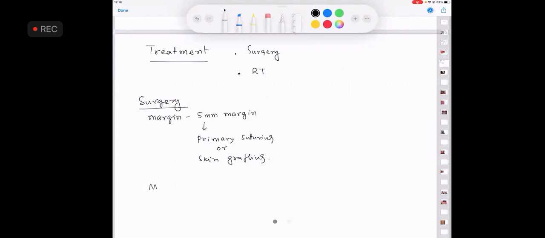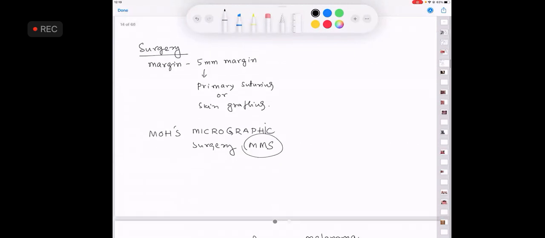There is a new modality of surgery called Mohs micrographic surgery or MMS, where the surgeon takes millimeter by millimeter margin. He takes a 1 millimeter margin and sees the margin under a microscope.